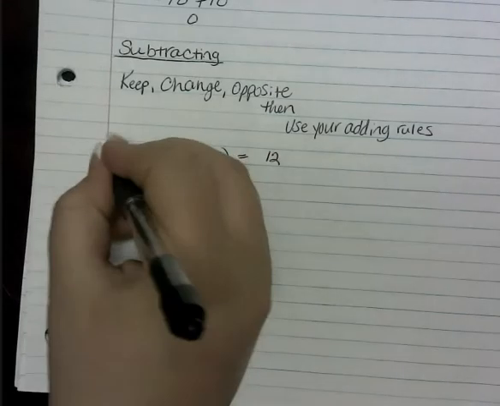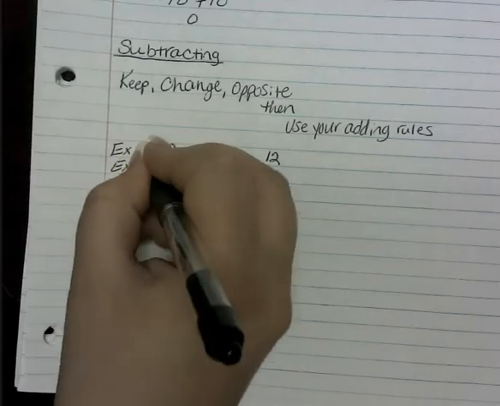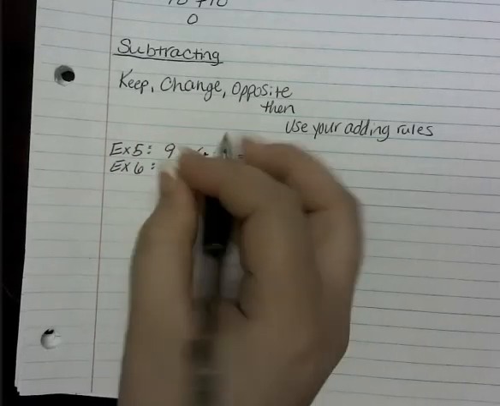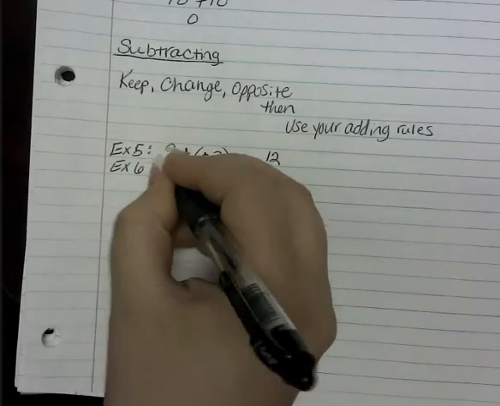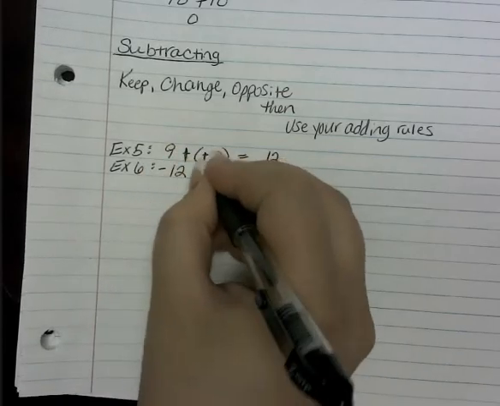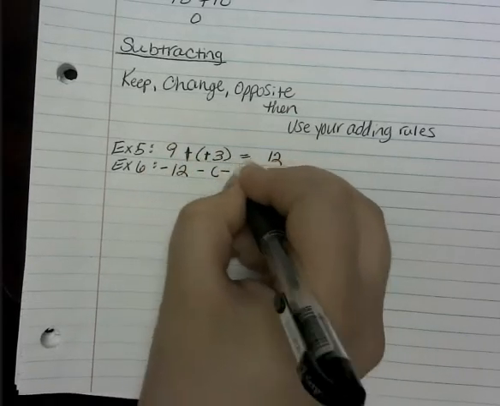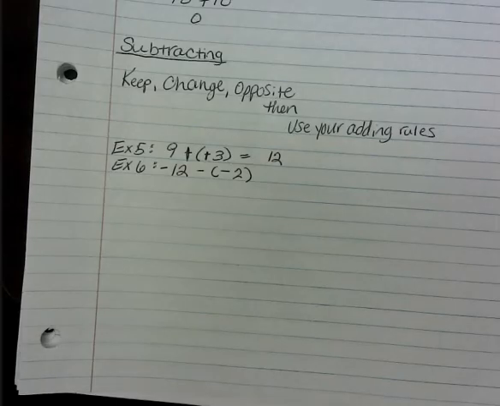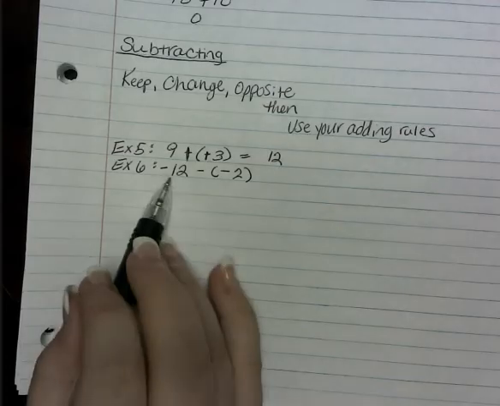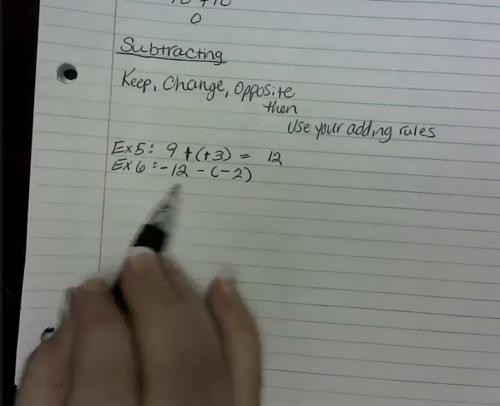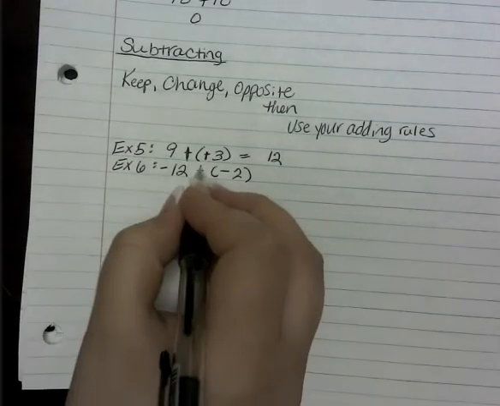Let's try another one. We have negative 12 minus negative 2. That's a whole bunch of negatives. So you still do it the same exact way. Do not let it intimidate you. Keep this first number the same. Change this subtraction to addition.